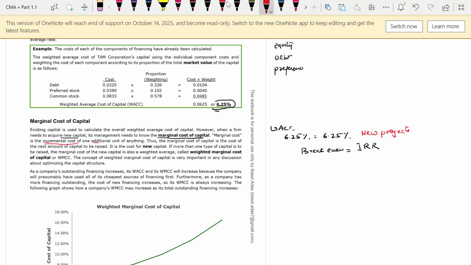Thus, the marginal cost is the cost of the next amount of capital to be raised, the cost of new capital. The existing cost is 6.25. Now you want to raise additional capital. It all depends on the risk of the project.